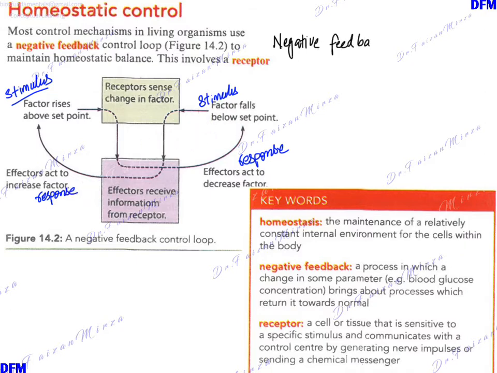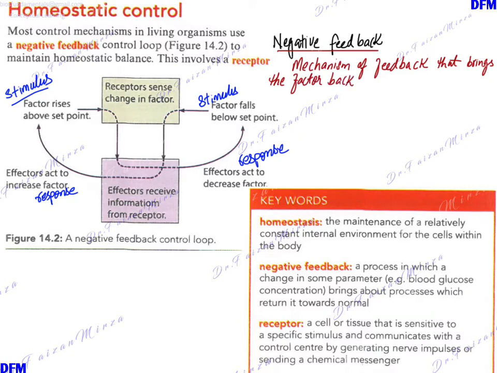This brings us to negative feedback, the loop through which homeostasis works. It is the mechanism of feedback that brings the factor back to the normal set value by working against the stimulus.